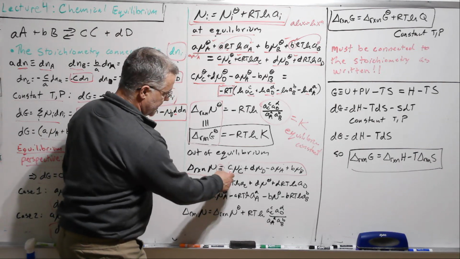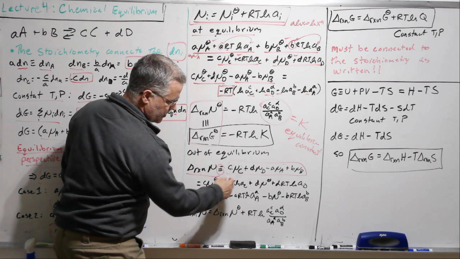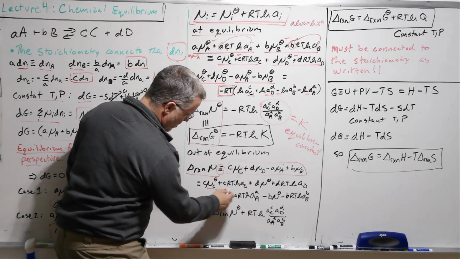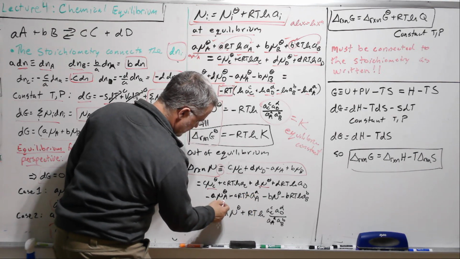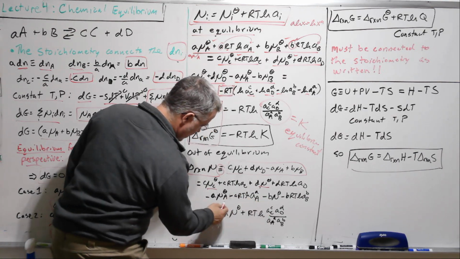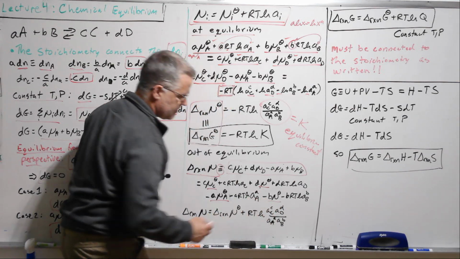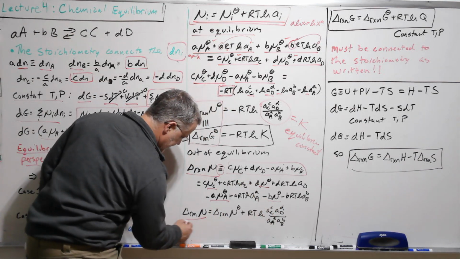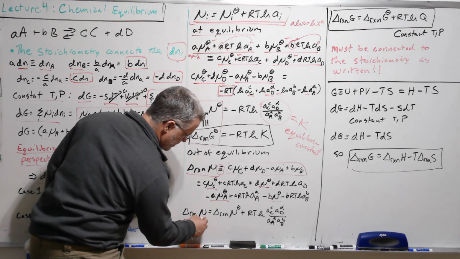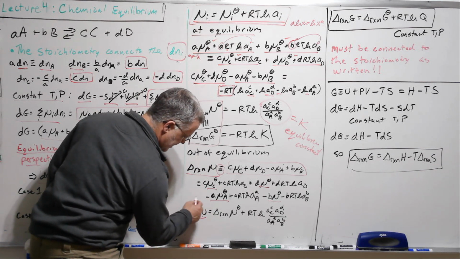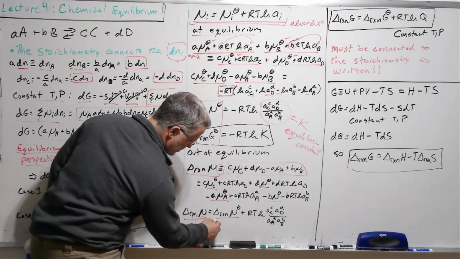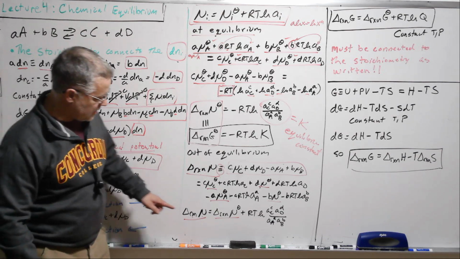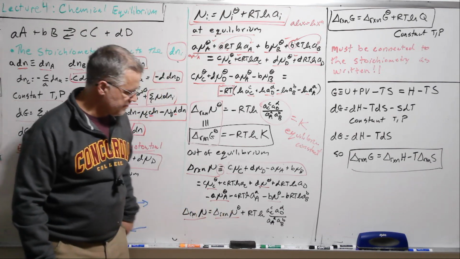So let's plug in each of these. We'll do something very, very similar. We'll plug all these in, then we'll collect all of the chemical potentials, reference state. So we're going to get delta reaction chemical potential, at the current state of the reaction, equals delta reaction at reference, not at equilibrium, reference.